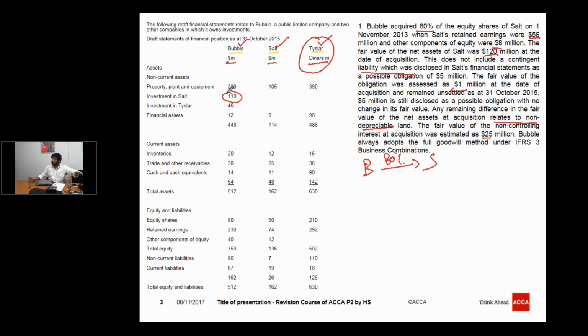So please write the answers relating to goodwill in the chat box. One of the answers is goodwill is 16 million. Goodwill is 15 million.